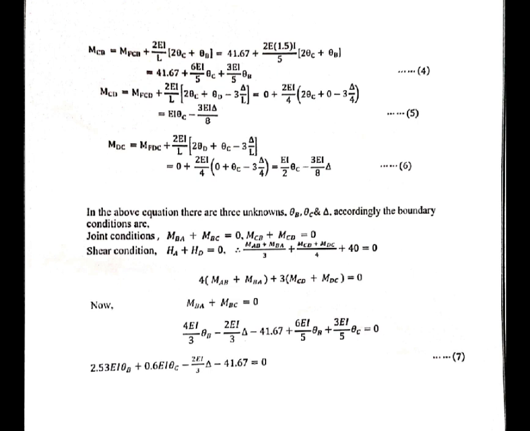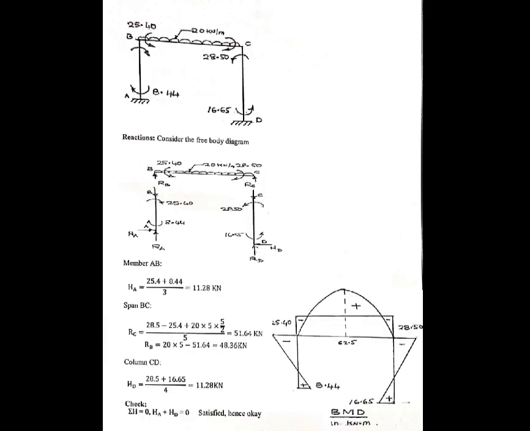So now applying all these conditions, we can find the unknowns. So substituting these values again in the 1 to 6 equations, we can find the final end moments. Then show all these moments in the figure, and then there is a check here. We can calculate HA by applying sigma moment about B equal to 0.